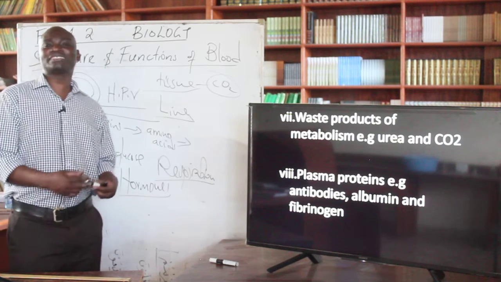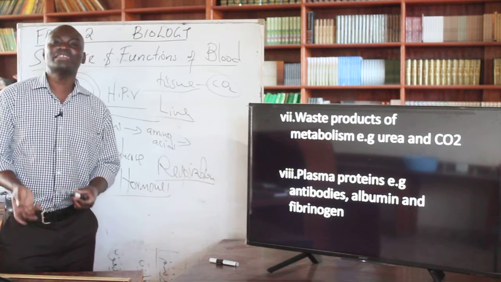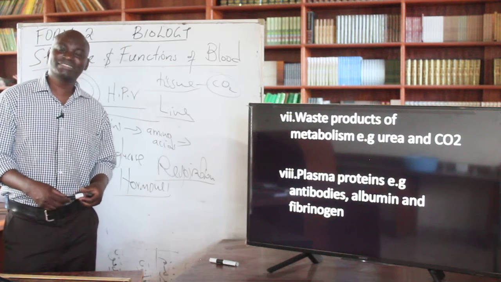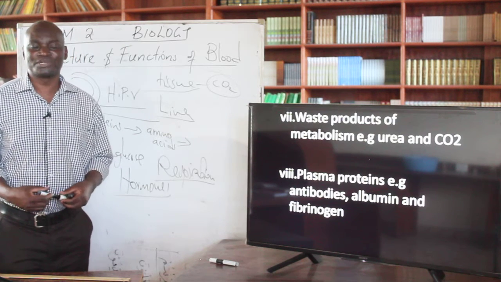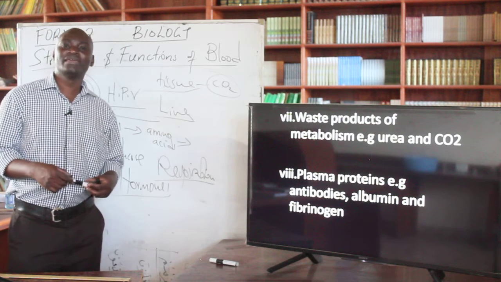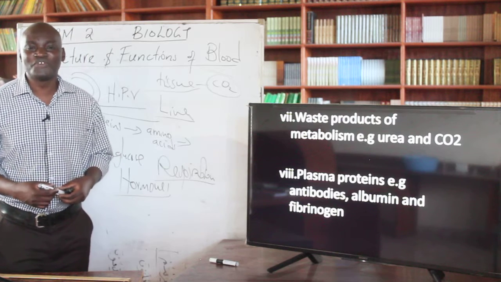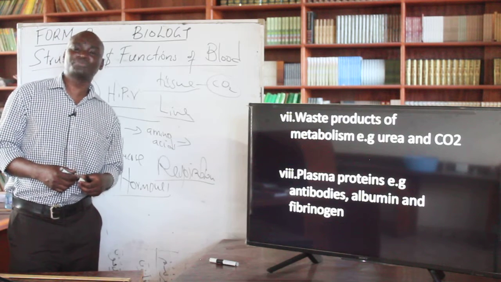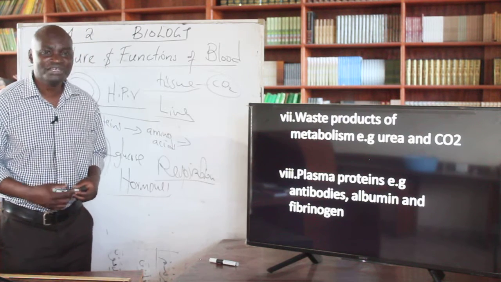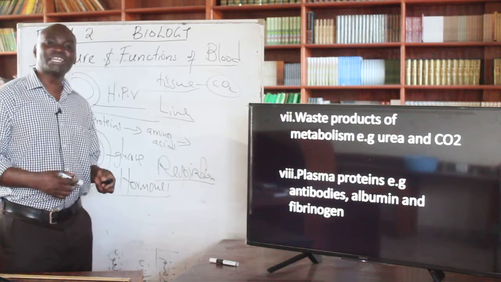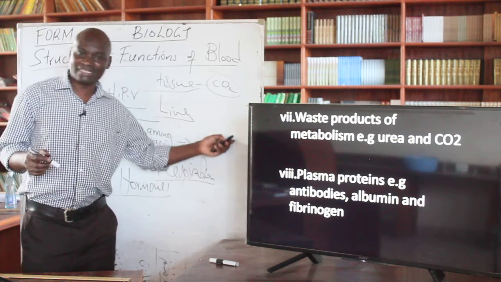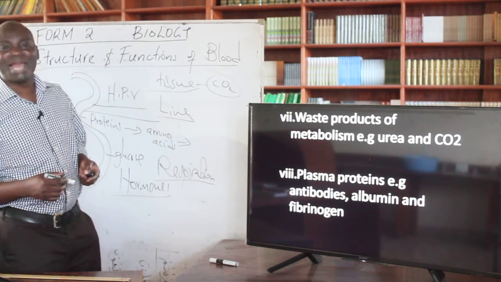If mitochondria is the site of respiration, what are the products? One of the products of respiration that occurs in the mitochondria is carbon dioxide. So carbon dioxide is a waste product that must be removed from the body. It is transported from the tissues to the lungs through the blood.